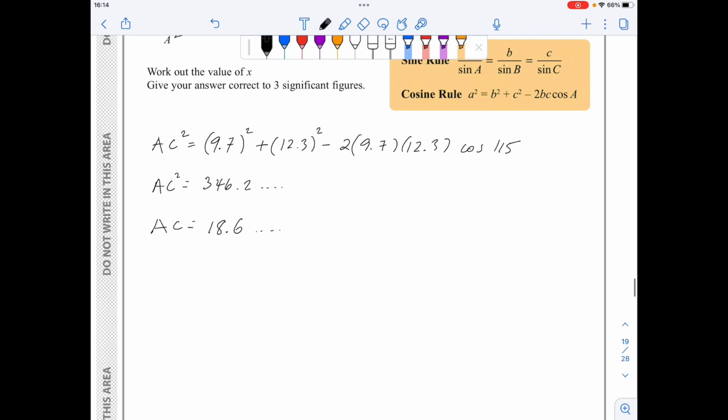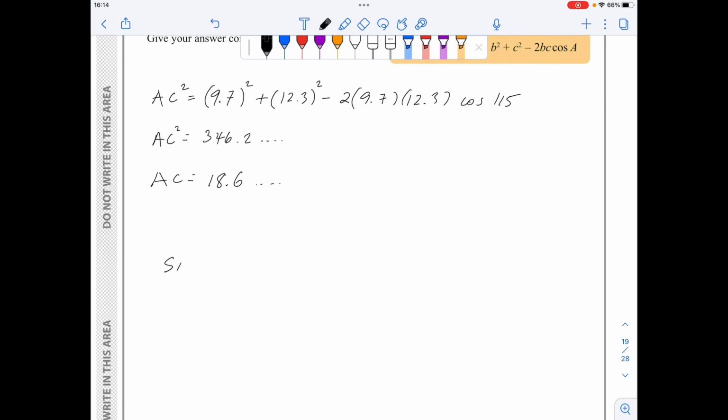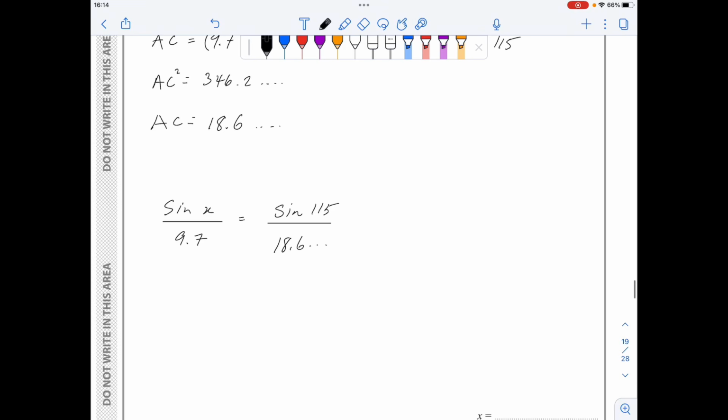And then moving on to the sine rule, sine of X over 9.7 is equal to sine of 115 over 18.6 and so on. So sine of X is equal to 9.7 sine of 115 over 18.6.